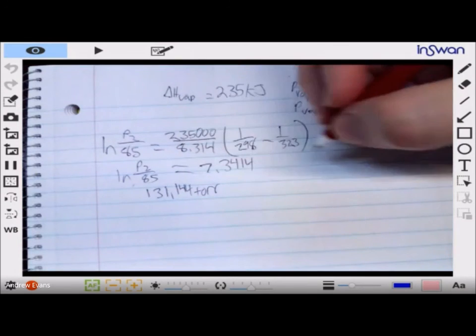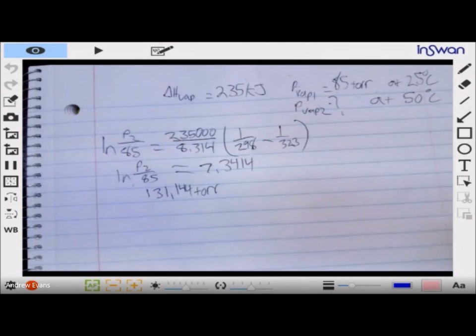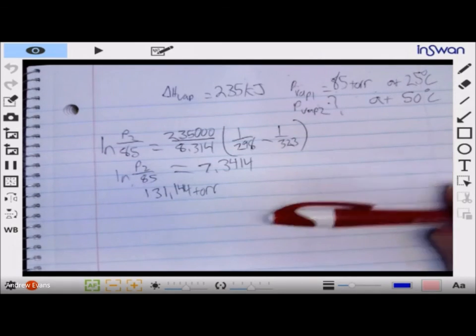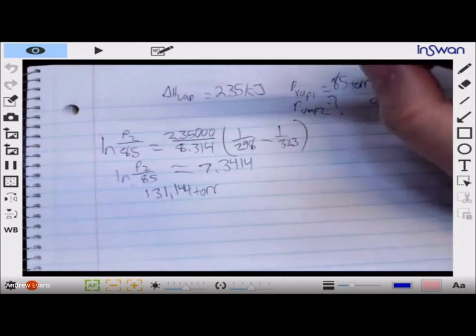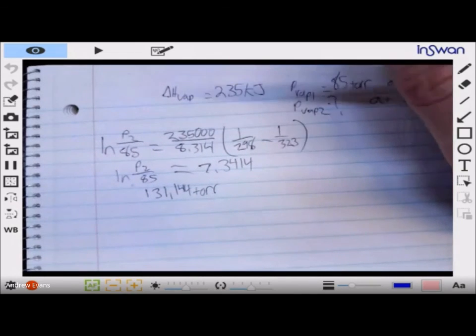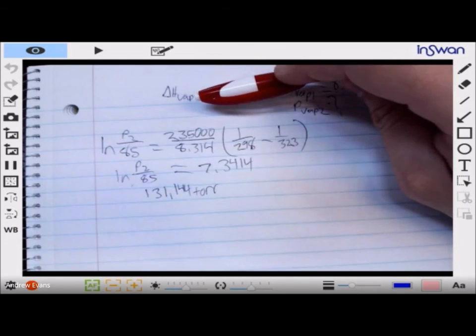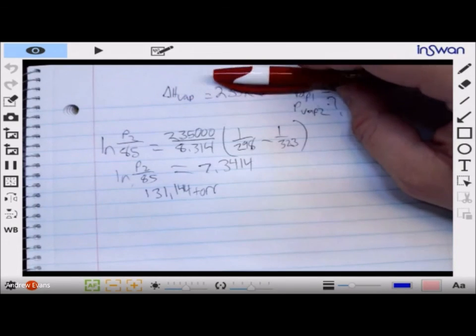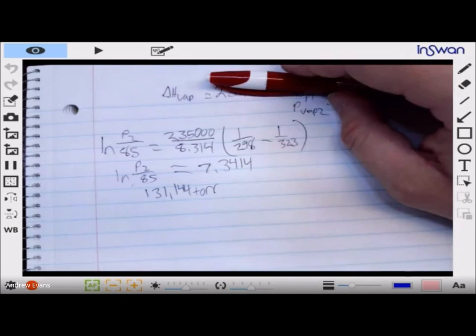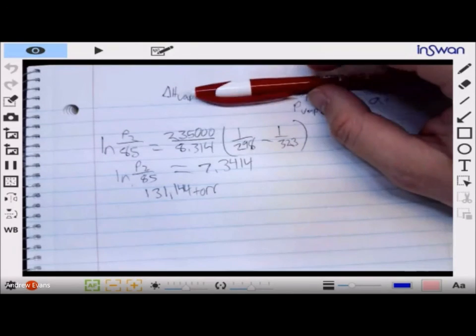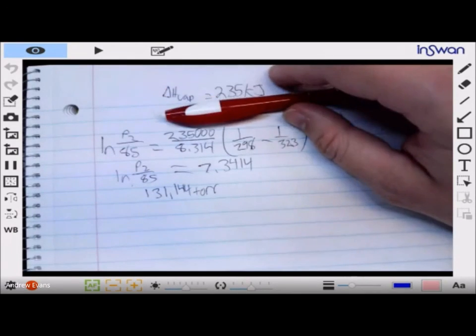I'm guessing my vapor pressure is a little too high, or my enthalpy of vaporization is maybe a little too high. Well, say la vie, either way. But okay, we got a very big number.